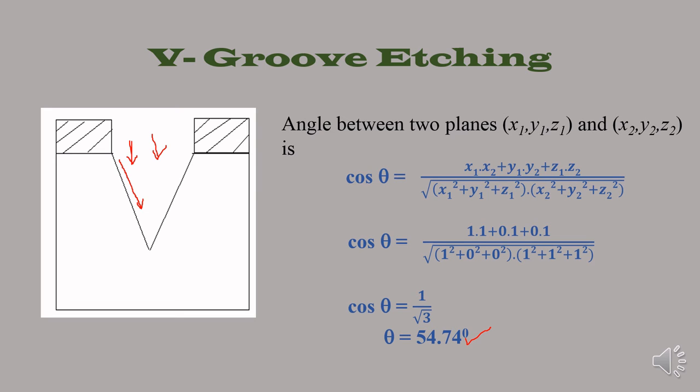It means that this is the 100 plane and this is the 111 plane. So when we etch in this way or in this way, the angle is 54.74 degrees. This is a very important property of the 100 and the 111 planes.